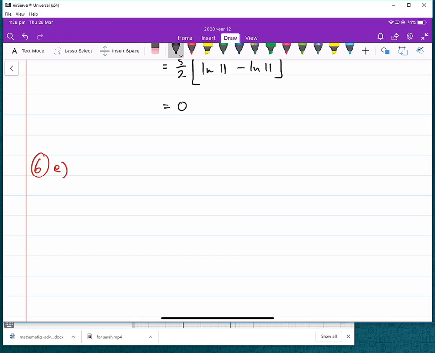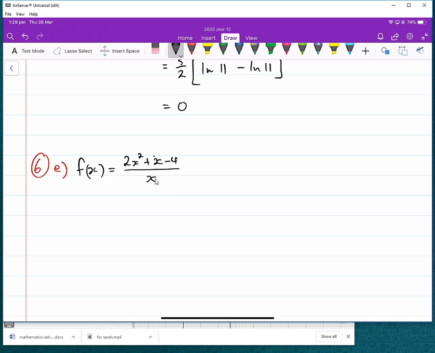I'll just write f of x. So I know it's a function, apparently, is 2x squared plus x minus 4 over x, okay? This is a function. We obviously know that our domain is x is not equal to 0, okay?